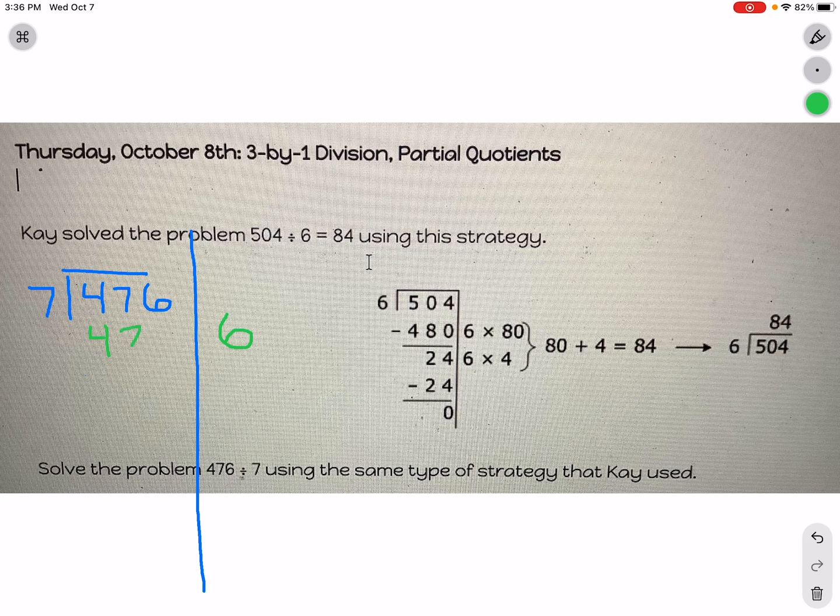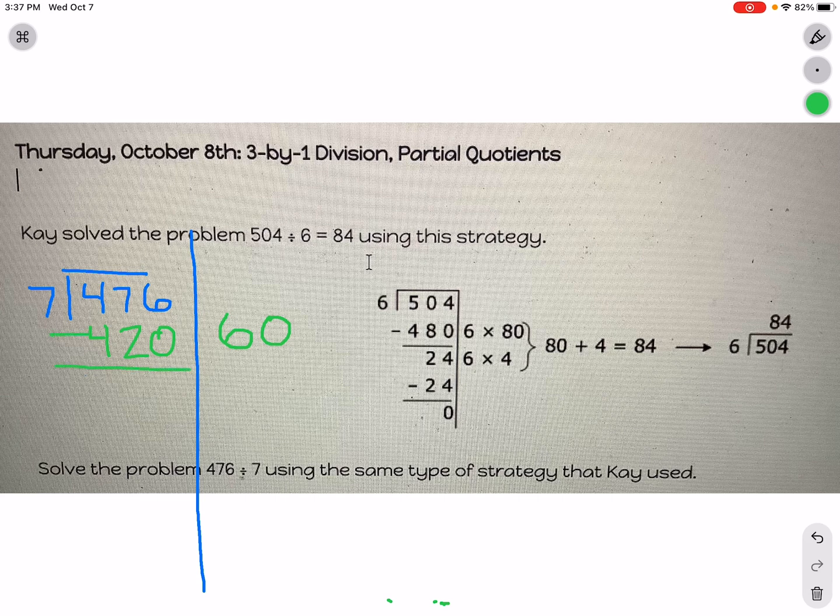Now, I've taught you how place value works, and you should know by now that 7 times 6 equals 42. What is 7 times 60? You're right, if you said 420.